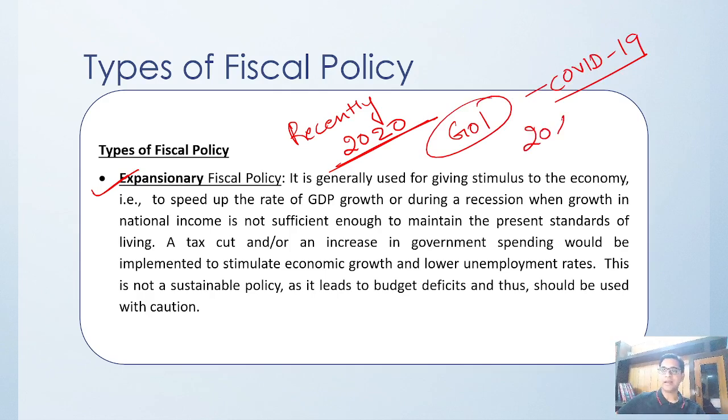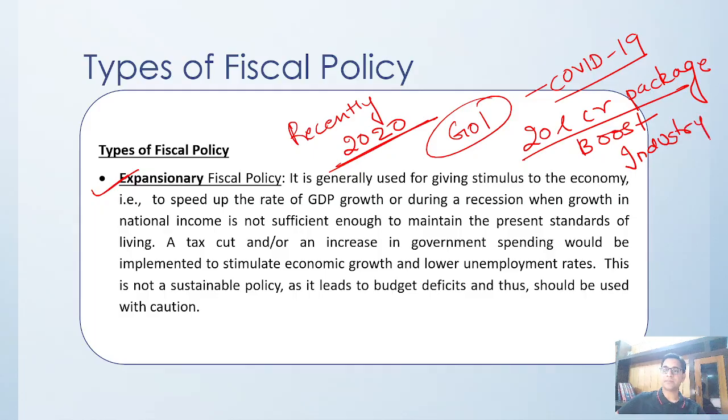A 20 lakh crore package the government has given to boost the industry, that is called expansionary fiscal policy. That means you are not having resources, you have borrowed the money and you have invested, so as to give stimulus to the market, to speed up the growth rate.